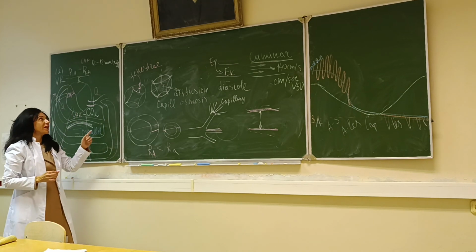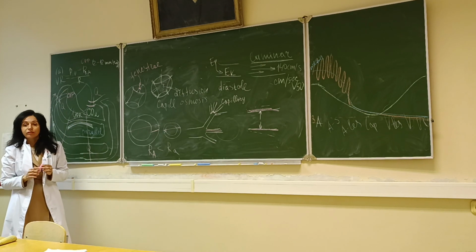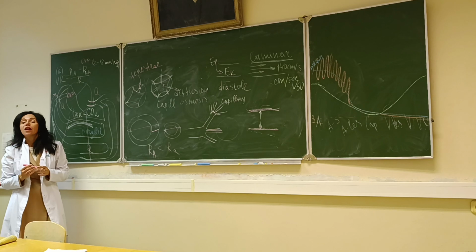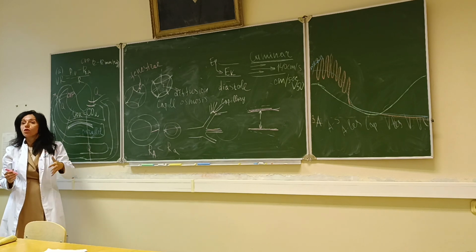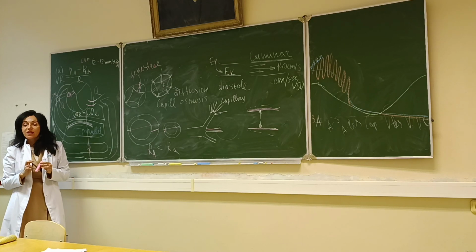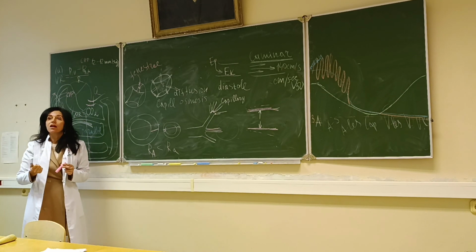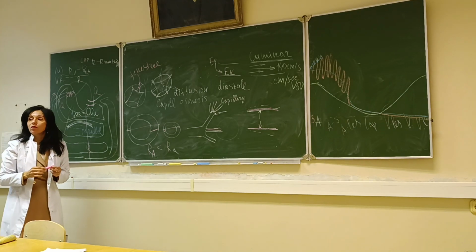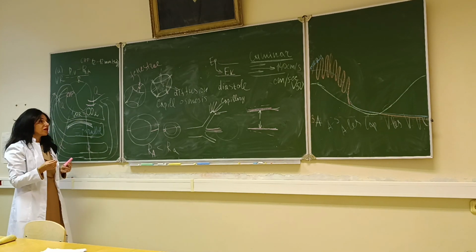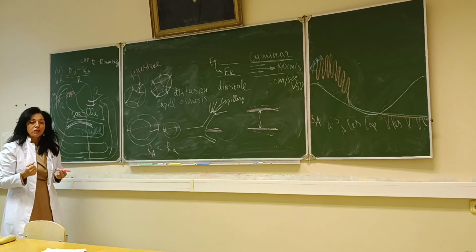What organs contain fenestrated capillaries? Endocrine organs, endocrine glands, to release hormones into blood. What more? Intestine to absorb nutrients, and kidneys. Endocrine glands, for example hypothalamus and hypophysis, and kidneys and intestine.